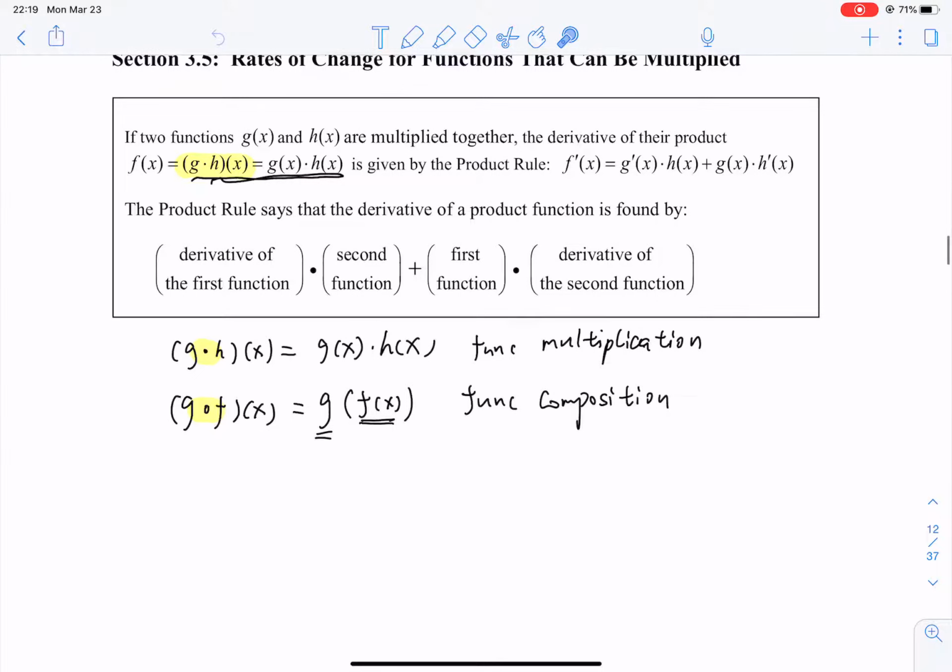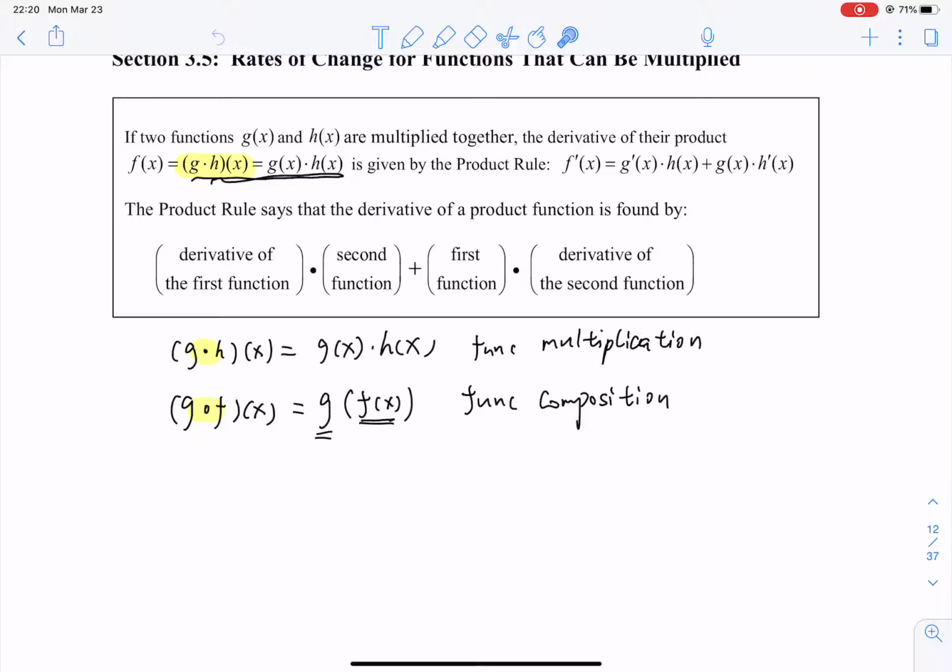For composition, the output of the inside function is the input of the outside function. But for multiplication, g and h share the same input variable. That's why we can just use x for both of them. So pay attention to the input variable: both should be x.